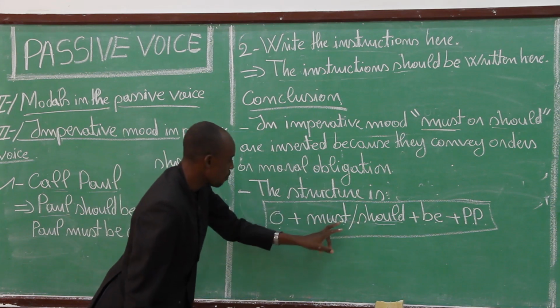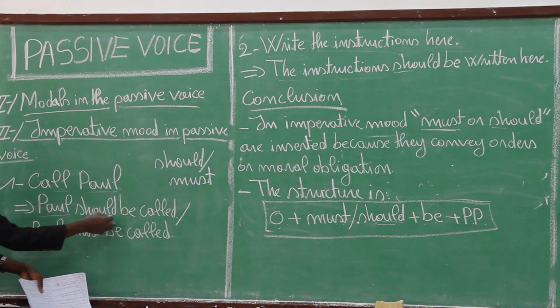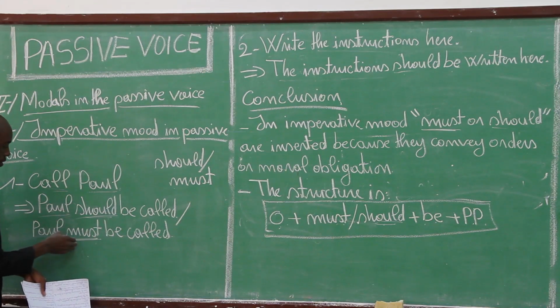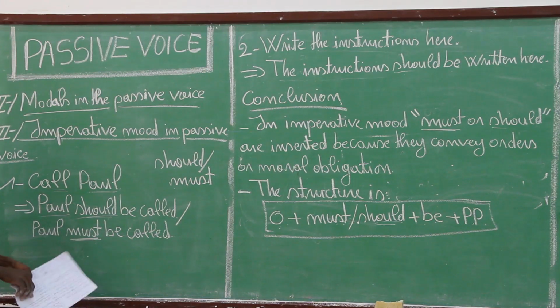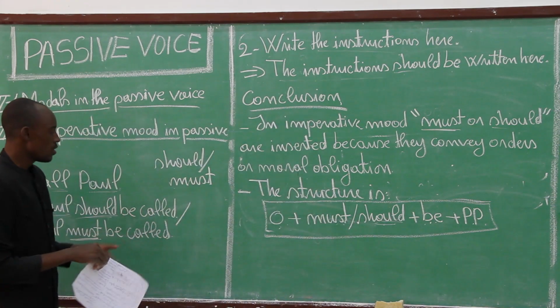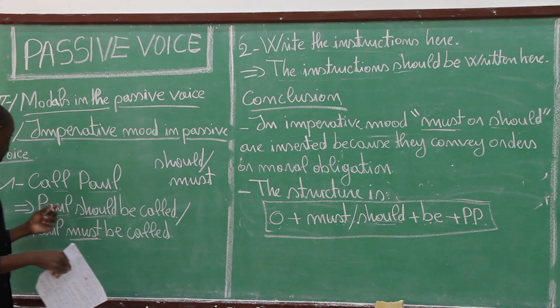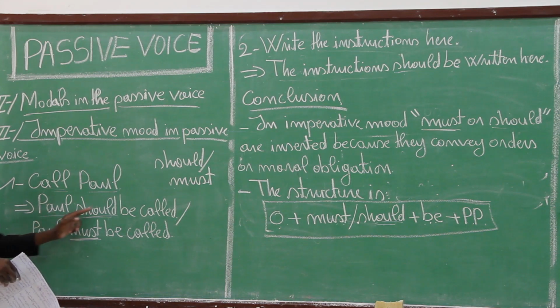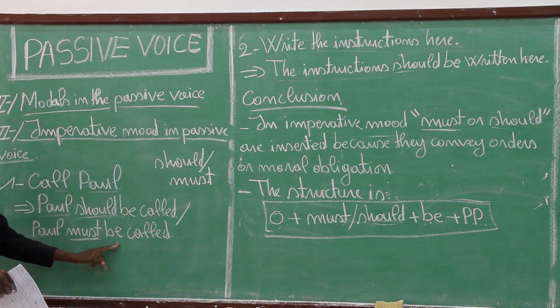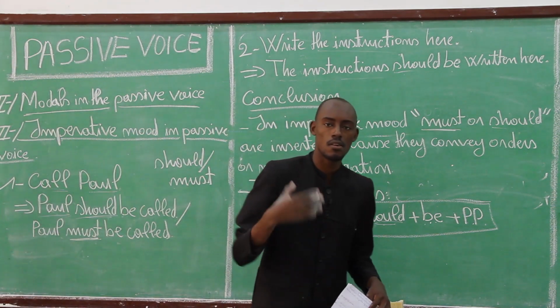You have to make your choice. Should followed by the auxiliary be, and after be, we have the past participle of this verb: called. Paul should be called. Or Paul must be called. It depends on you.